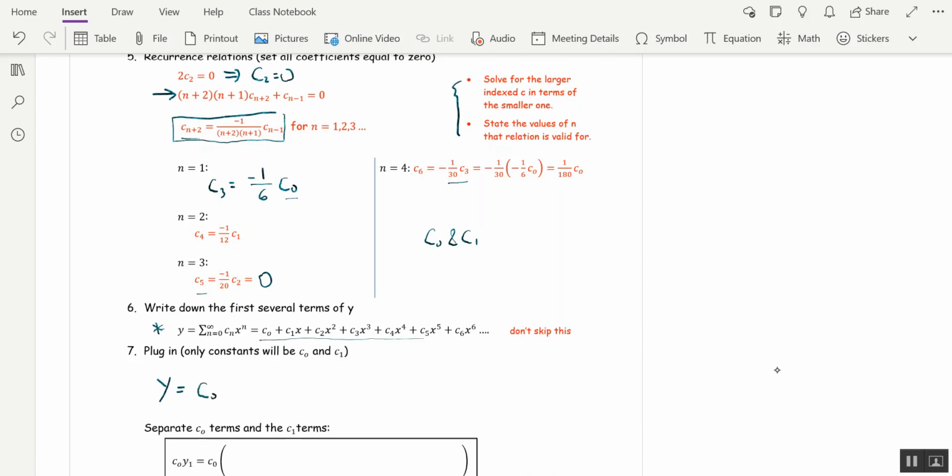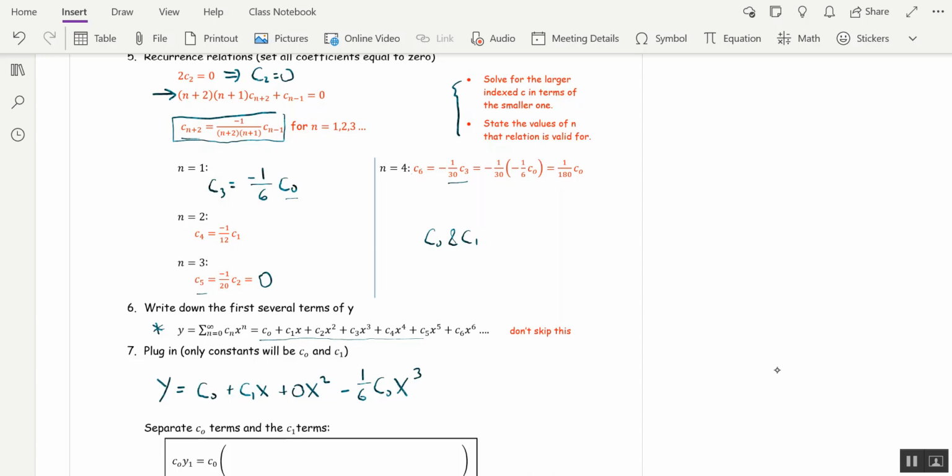We don't know anything about that. C1 is C1. All right, but C2 we do know something about. C2 is 0. So 0 goes with x squared. And then C3, looking up here, is negative 1/6 C0, and that gets paired with x cubed.